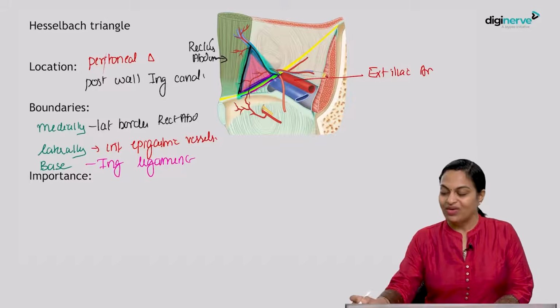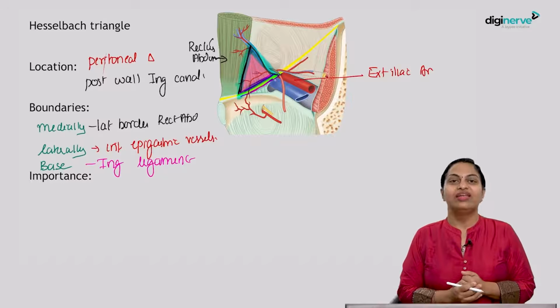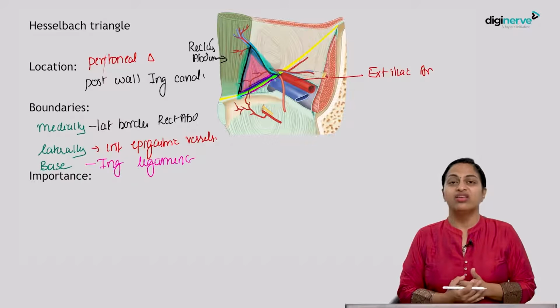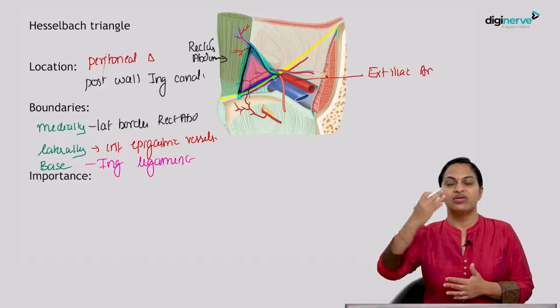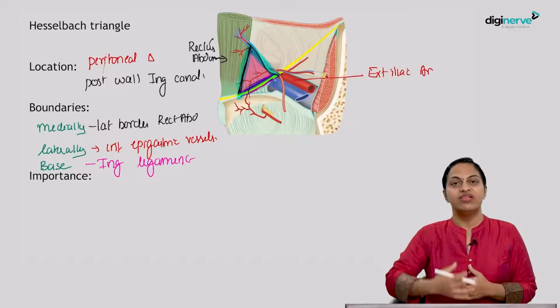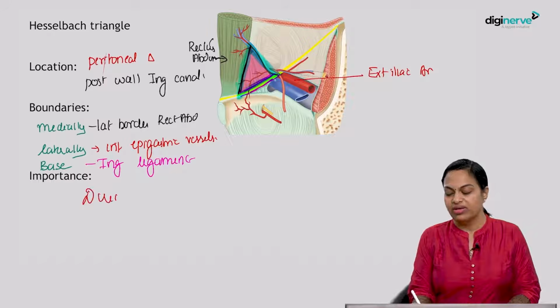Fine. The importance of this triangle is that it is a weak area in the anterior abdominal wall, in the region of the posterior wall of the inguinal canal, through which the intestinal contents can herniate out, causing a direct inguinal hernia. Fine.